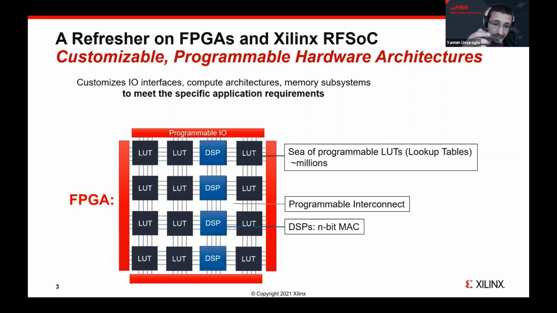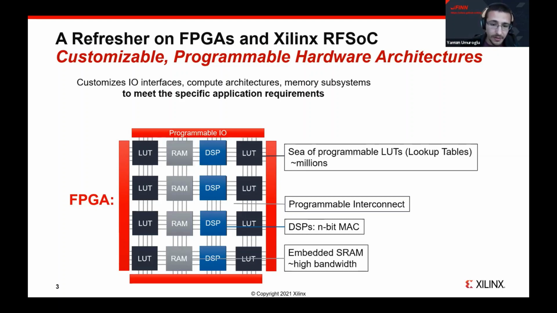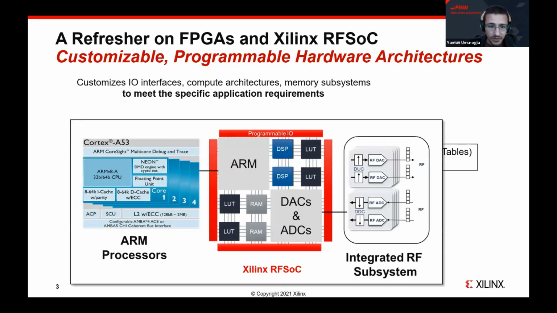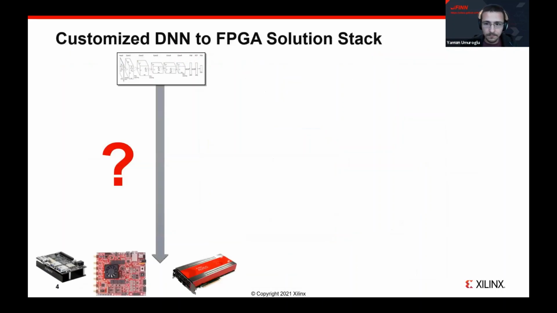Modern Xilinx FPGAs also include DSP slices for actually doing operations like multiply accumulates, and there's a lot of embedded SRAM, block RAM and UltraRAM distributed around the chip for high bandwidth. On top of this, at Xilinx, we have these fantastic devices called RFSoC, which further enhance the heterogeneous composition of this chip with ARM processors, as well as an integrated RF subsystem to directly create these software-defined radio front ends, which we think is a pretty good match for this hardware architecture specialization side of things.